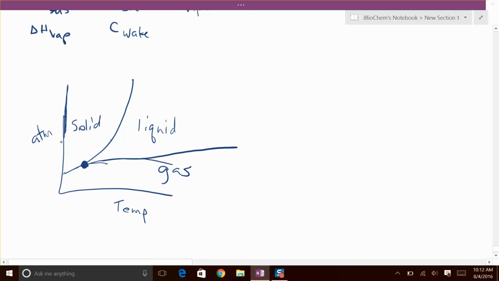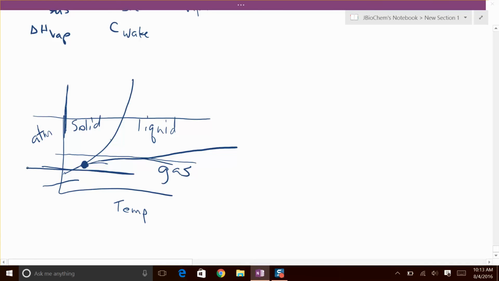Okay, so at certain temperatures, as you can see on a phase diagram, you can go through all 3 phases, right? But if I increase the pressure, there are some points where you might not go through all 3, or at too low of a pressure you might just go from a solid to a gas.